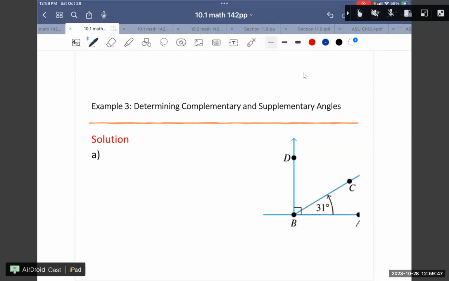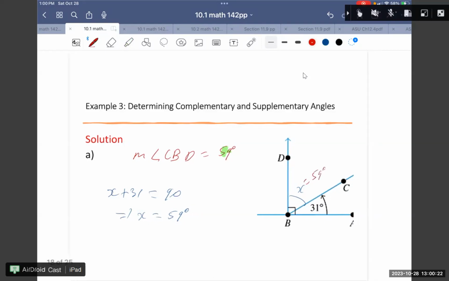And this angle I call X. So X plus 31 equals 90. Therefore X equals 59 degrees. So the measure of the angle CBD is 59 degrees. So this angle right here is 59 degrees, as we can see.